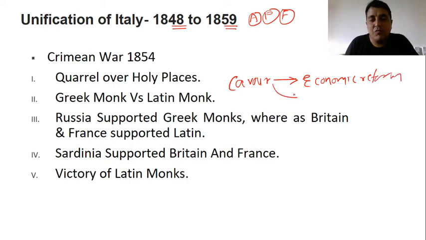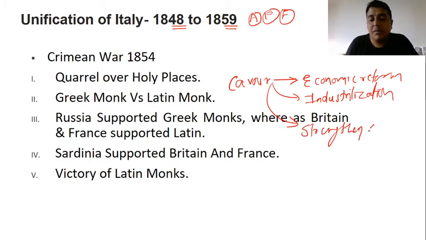Clear? He focused on industrialization, and he tried to strengthen the armed forces. Clear? So Cavour started economic reforms, industrialization, and strengthened the armed forces, because if they want to fight against Austria, at least they should have something.